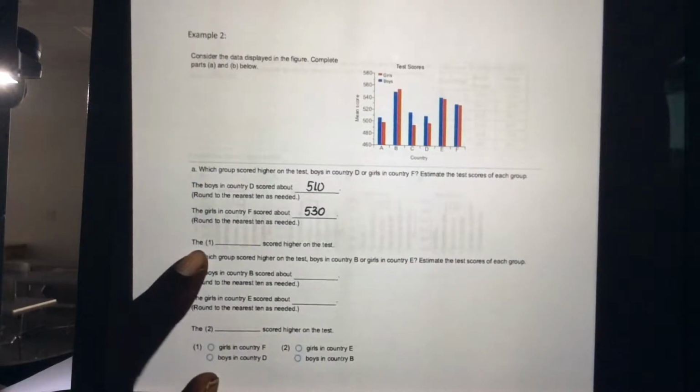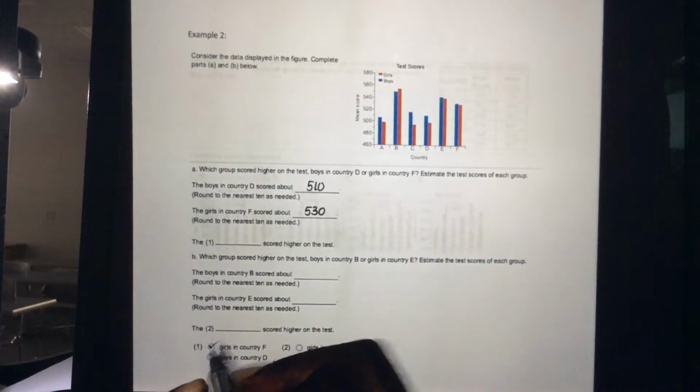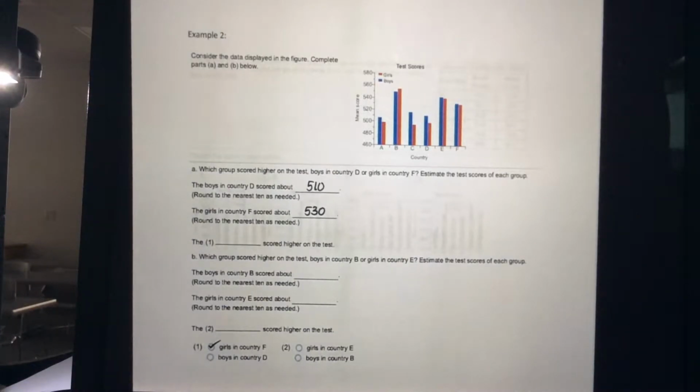And in this case here, the blank scored higher on the test, the girls in country D or the boys in country F. They're going to give you a choice of answers here. By looking at this, the girls in country F score higher on the test. So you'll select that one in the drop-down menu.